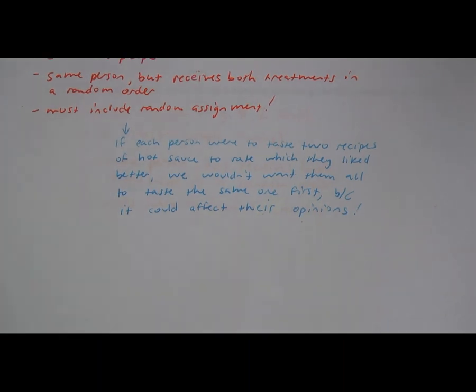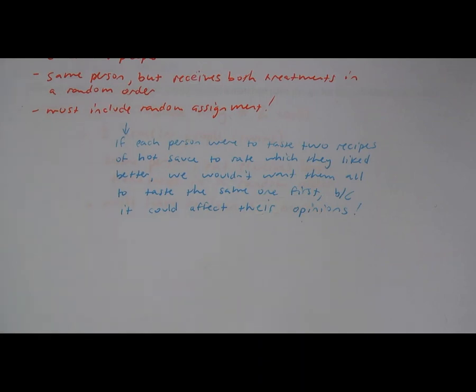But if I was doing a taste test of 2 different hot sauces, and I said, okay, each person, you're going to taste both of the salsas or the hot sauce, and I want you to rate which one you like better. I wouldn't want them all to taste the same salsa first, because what if that's the hot one? It burns their tongue, and then they can't even taste the second one, and that's why they put that they like the first one better.